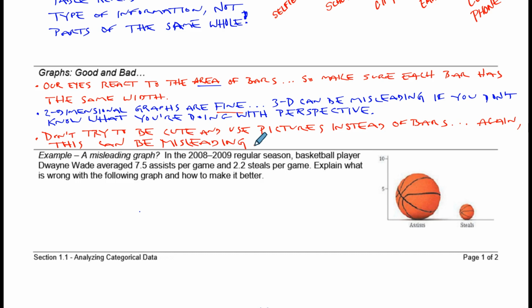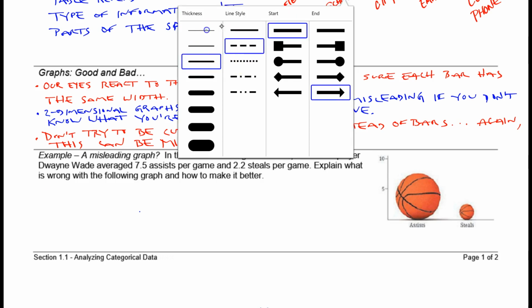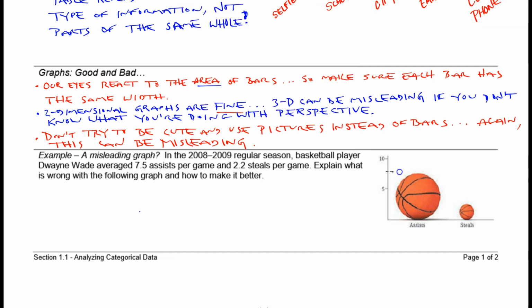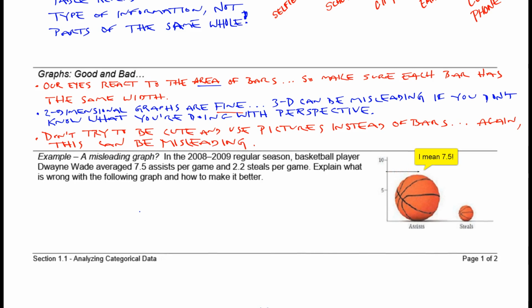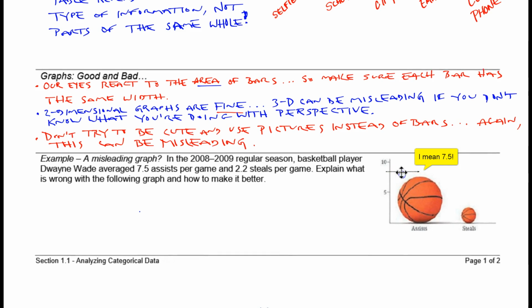So, a misleading graph. In the 2008-2009 regular season, basketball player Dwayne Wade averaged 7.5 assists per game and 2.2 steals per game. If we take a look at the graph, right about here looks to be the height of that 7.5, the height of that basketball.